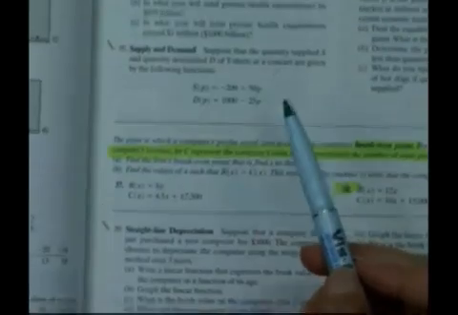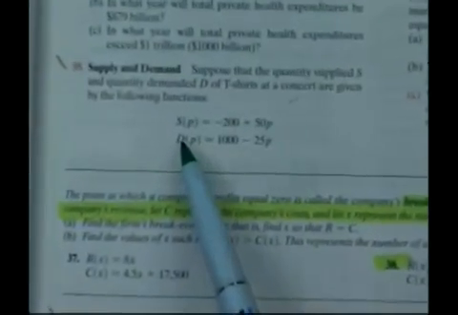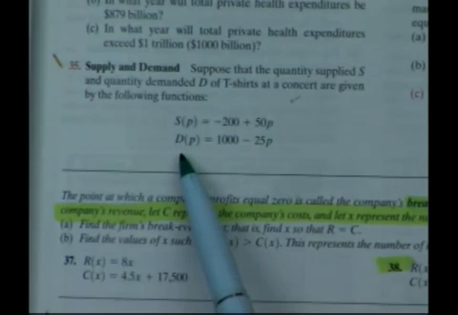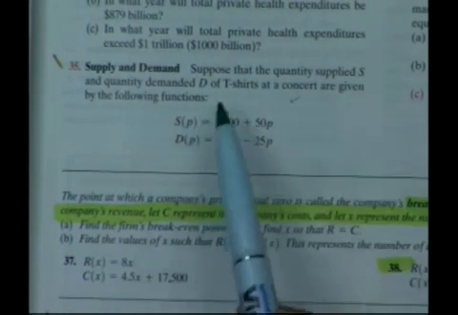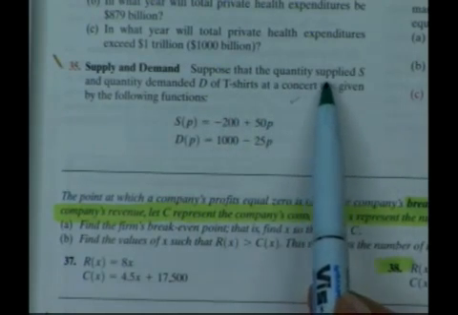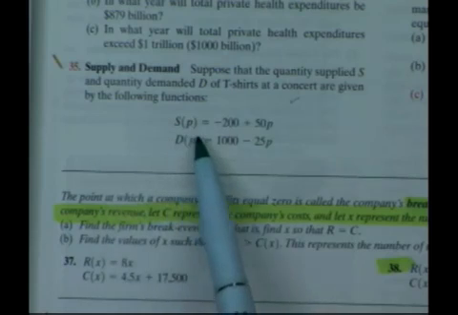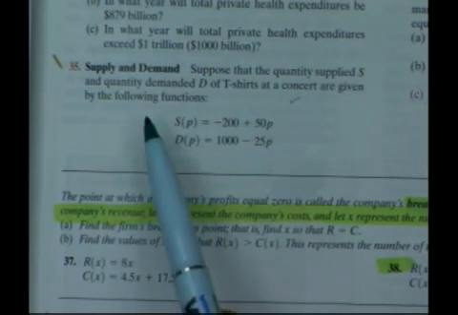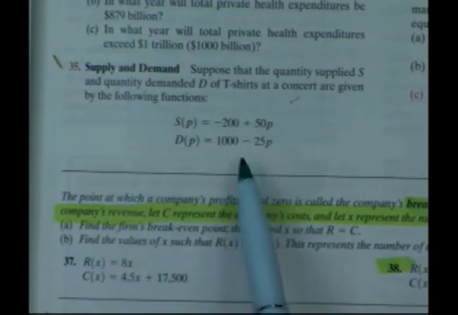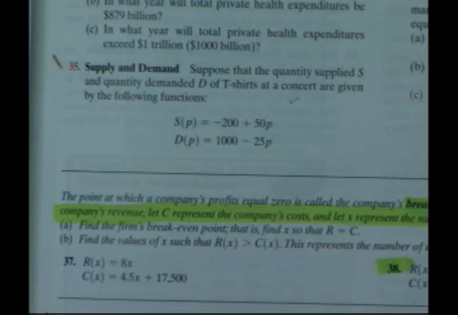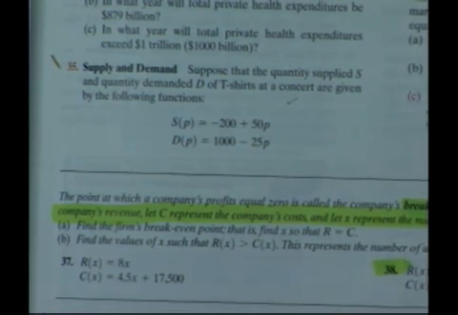Who does the supplying and who does the demanding? The producer supplies and the consumer demands, and it's based on the price. Suppose that the quantity supplied is given by this number, and the consumer demands by this number, and P represents the price there. The rest of the question is at the top of the next page.